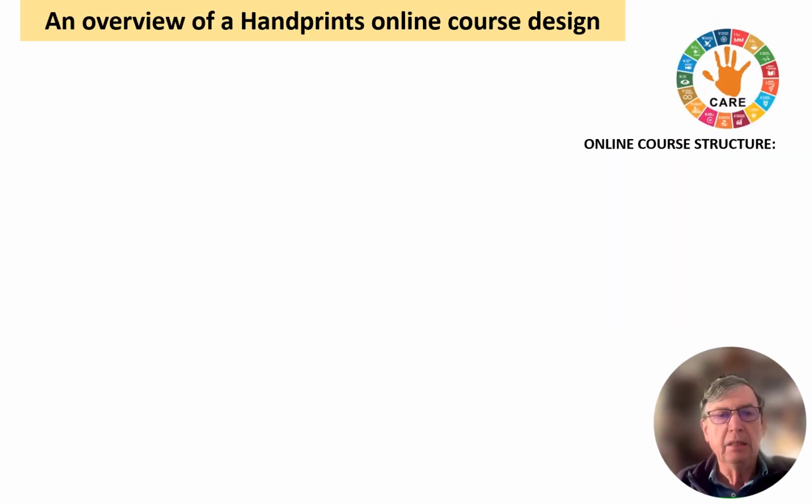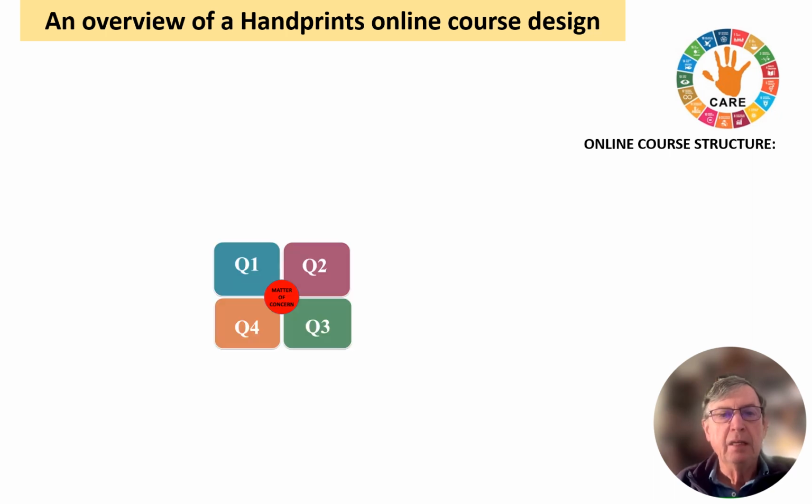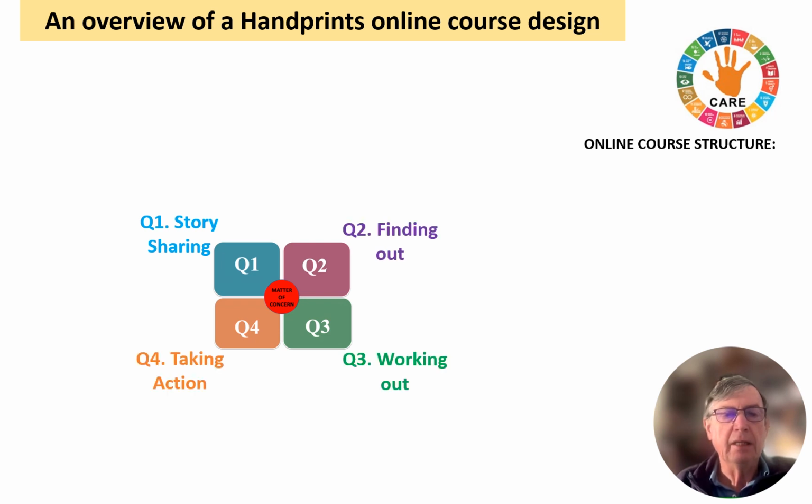If we take it in overview of an online course design, we'd obviously base it on the 4-quadrant model as Kartikaya suggested. So we'd have the story sharing, the finding out, the working out, and the taking action.